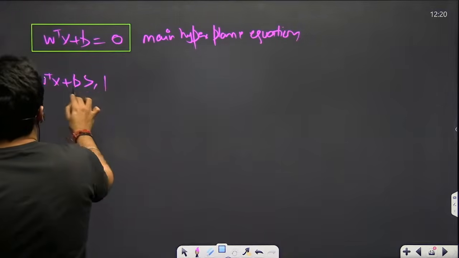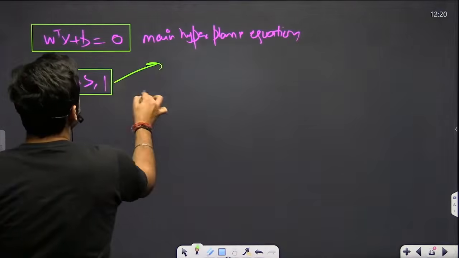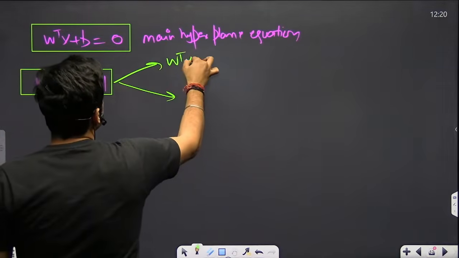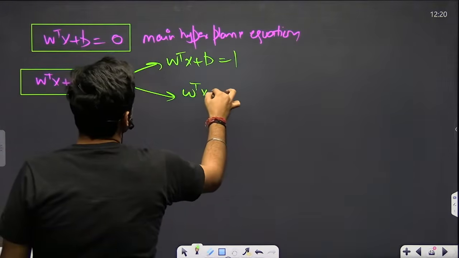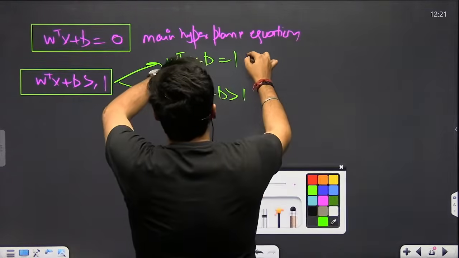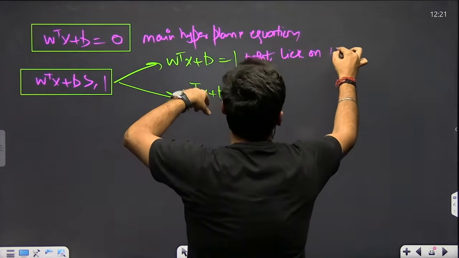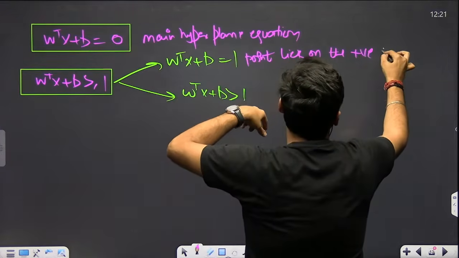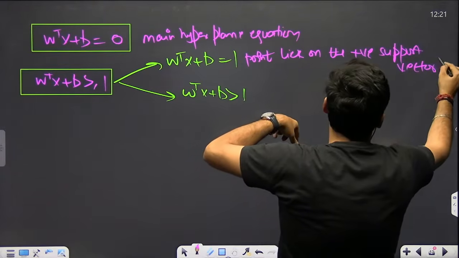Now here we have two things: weight transpose into x plus b greater than or equal to 1. Here we have two conclusions to make. Weight transpose into x plus b equals to 1, and weight transpose into x plus b greater than 1. If it is equal to 1, the point lies on the positive support vector.